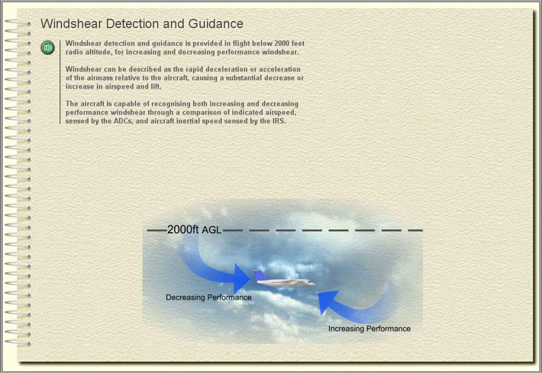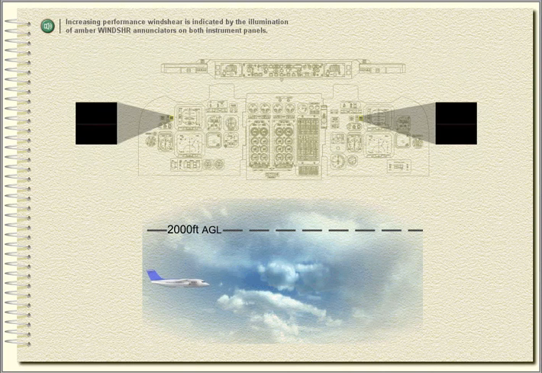The aircraft is capable of recognizing both increasing and decreasing performance wind shear through a comparison of indicated airspeed, sensed by the ADCs, and aircraft inertial speed, sensed by the IRS. Increasing performance wind shear is indicated by the illumination of amber wind shear annunciators on both instrument panels.